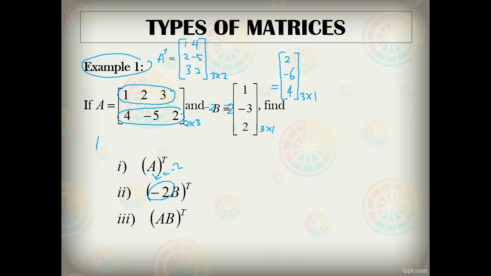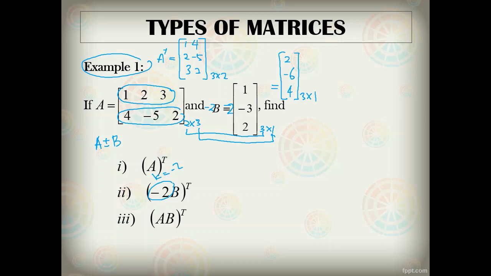if you want to perform the addition or subtraction of two matrices, please make sure that they have equal dimension. What I mean is, equal row and equal column, where this column should be equal to that column and this should be equal to that.